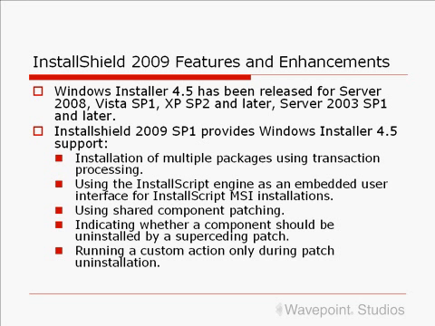InstallShield 2009 Service Pack 1 provides Windows Installer 4.5 support for the following functionality: installation of multiple packages using transaction processing, using the InstallScript engine as an embedded user interface for InstallScript MSI installations, using shared component patching, indicating whether a component should be uninstalled by a superseding patch, and running a custom action only during patch uninstallation.